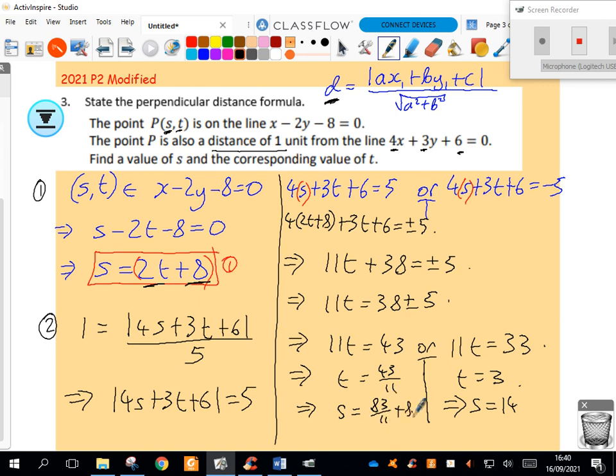Okay. It says find a value of s and the corresponding value of t. So I'm just going to pick one of those. I'm going to say s comma t is equal to 14 comma 3. That's a value for s and a corresponding value for t. Or I could use this one here either. Make that a single fraction and write it in coordinate form like that. Okay? So that's question 3.